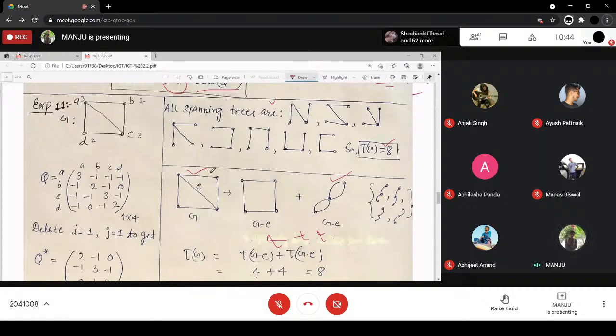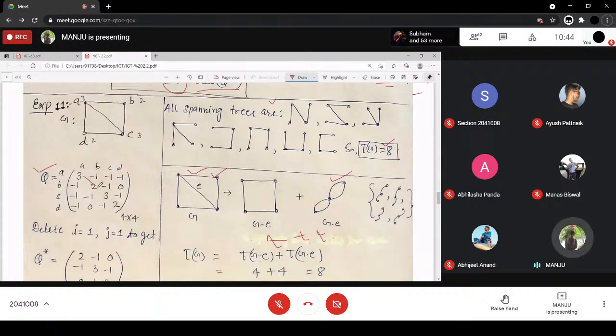For this graph, matrix tree computation is: you just write the degree of every vertex. So for A, degree is 3, that is 3 edges coming out of the vertex. For B it's 2, for C it's 3, for D it's 2. Then find the Q matrix.